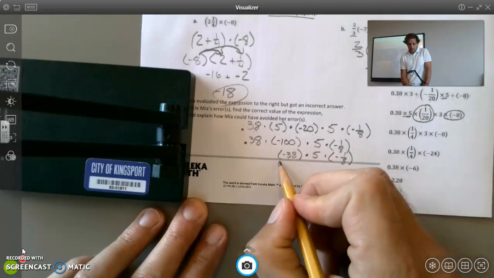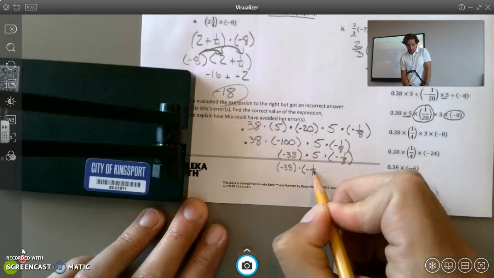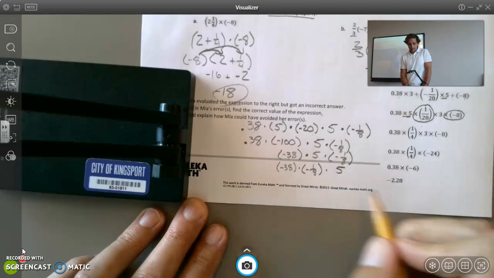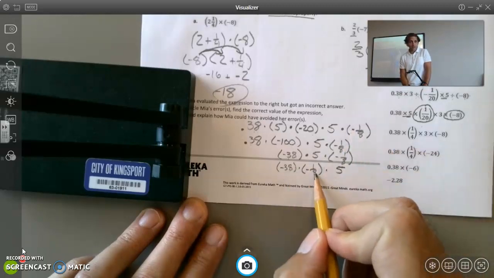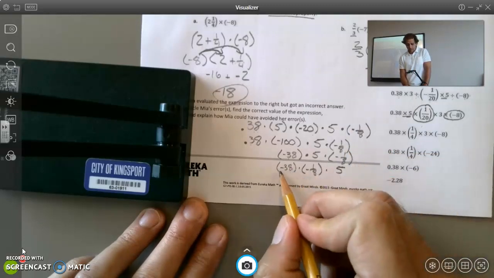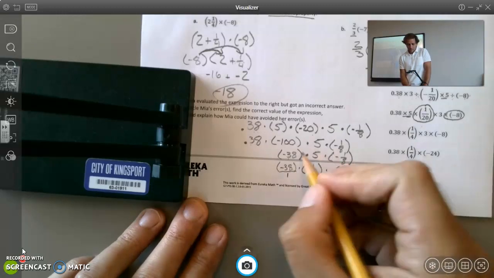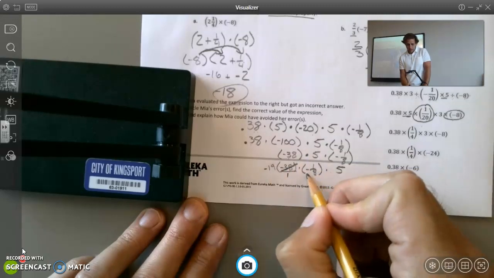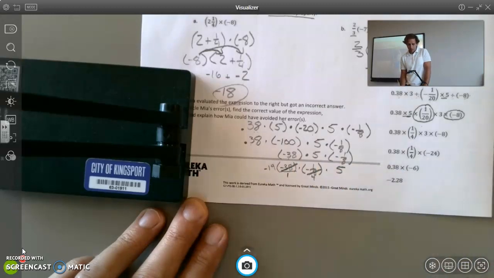I'd like to do negative 38 times negative 1/8 times 5. And I'm going to simplify. 38 and 8 have a common factor. That common factor is 2. So if this is negative 38 over 1 and this is negative 1 over 8, I can change this to negative 19 over 1 and change this to 1 over negative 4, or negative 1/4.